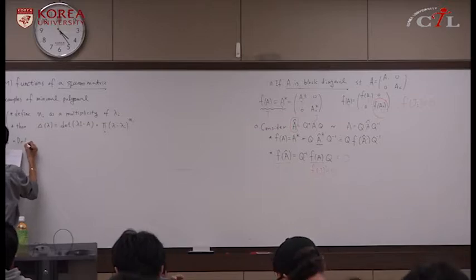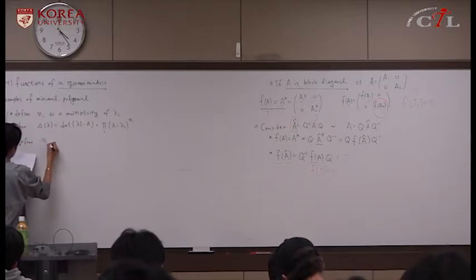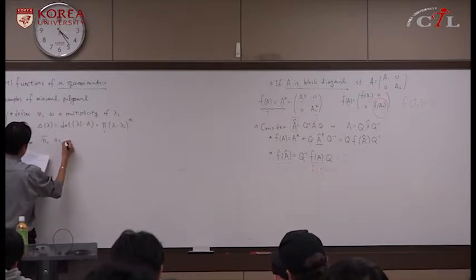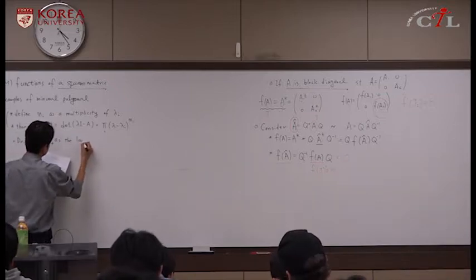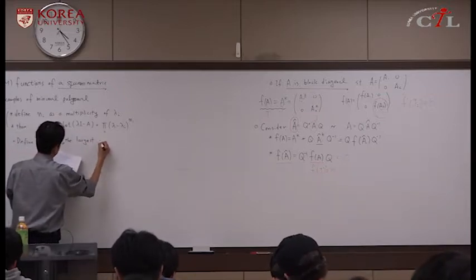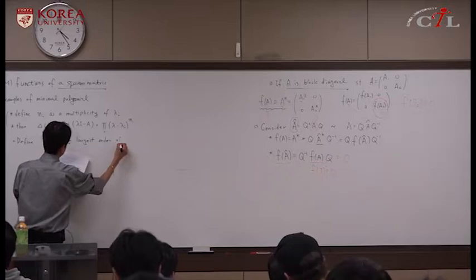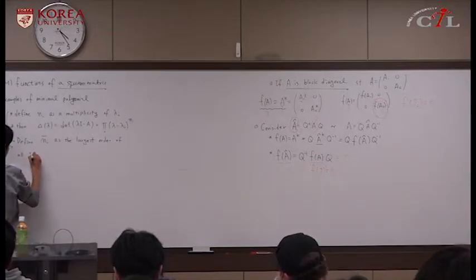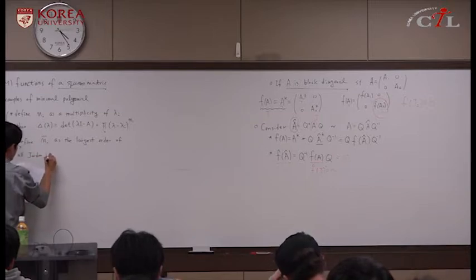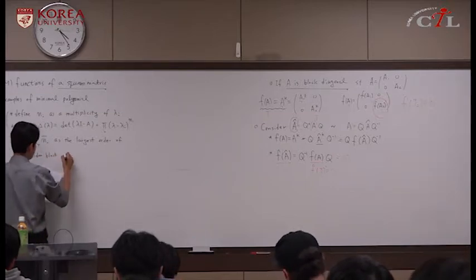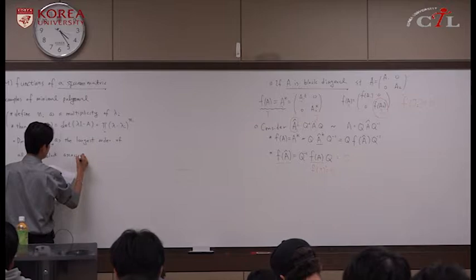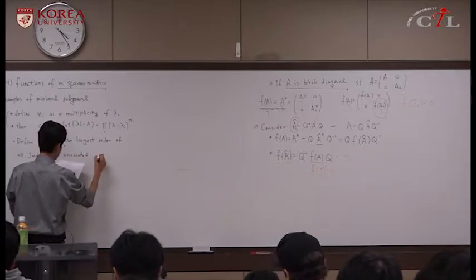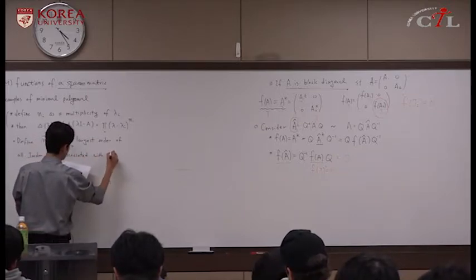Let's define Ni bar as the largest order of all Jordan blocks associated with lambda i.